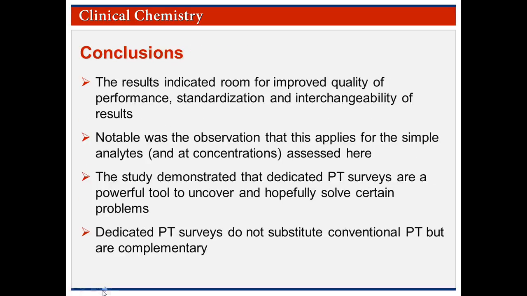So in conclusion, the study provided reliable performance data on assay and laboratory performance in daily practice. The results show that there's some quality within peer performance, but there's room for improvement at higher and lower concentrations.